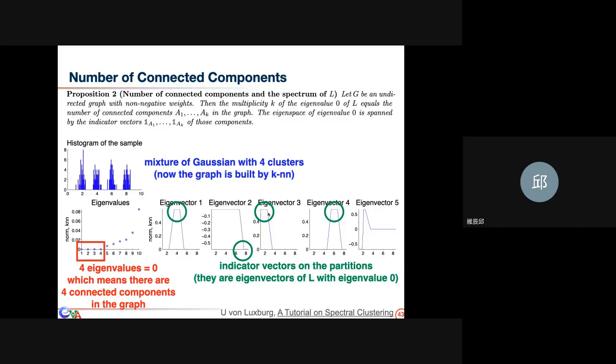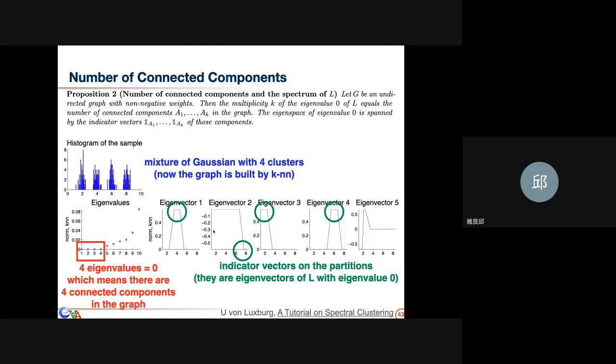The third eigenvector is related to the indicator vector for the group of value 2. And the fourth eigenvector is related to the indicator vector of the group with value 6.